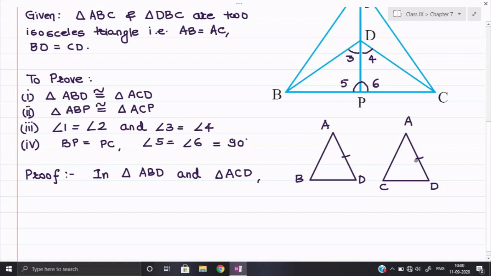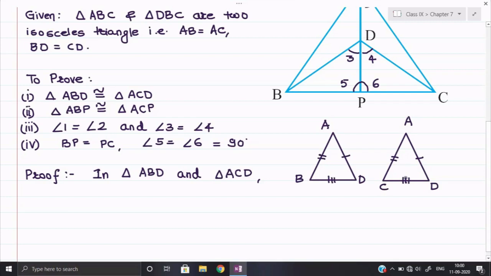Okay, so one side we got equal. Second thing you observe, in the given we have already mentioned ABC is isosceles with AB and AC are equal. So observe here AB and AC are also equal. Third thing, observe BD and CD are also given equal in the given.